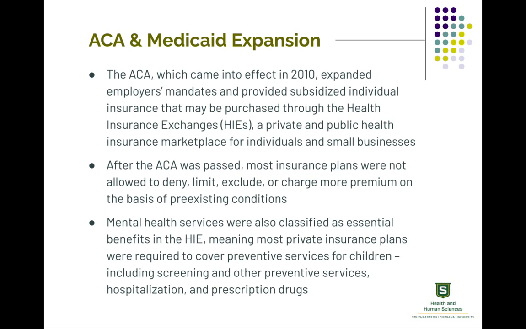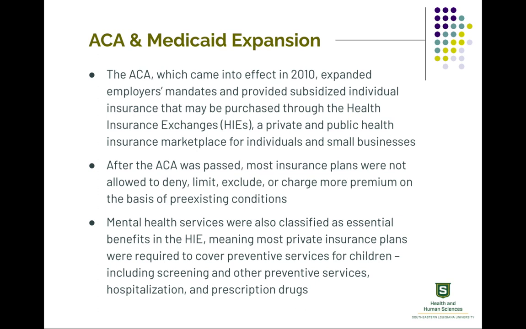One of the things the ACA did was to expand mental health services such that they became essential benefits. Before, mental health was not treated on the same level as physical health, but with the ACA it was put at the same level, whereby you're not treating it as an extra service.